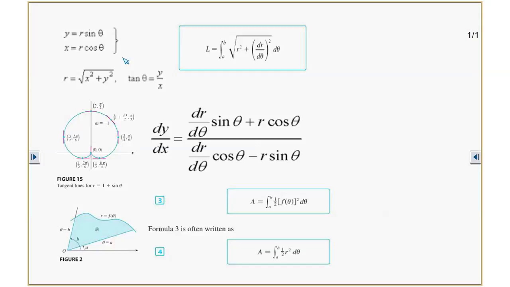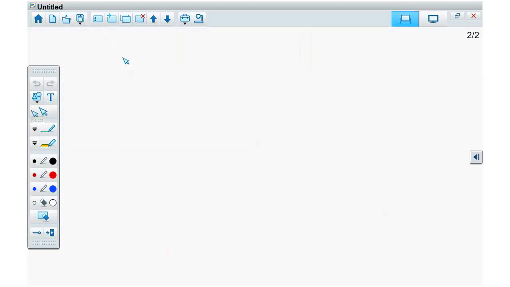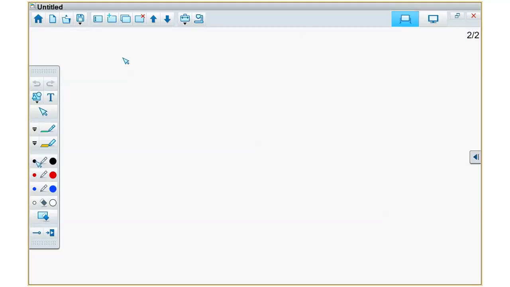Some of you are taking physics. And physics and polar coordinates fit right hand in hand. But I'm going to go over a little bit of review, just in case we've got a couple of people that haven't had Calc 1 in a while.